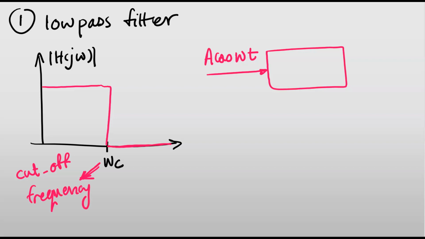A behavior like this will be considered a low pass filter. Any circuit that behaves like this will be a low pass filter, which has a pass band, described by frequencies smaller than the cutoff frequency, and after omega c is considered the stop band.